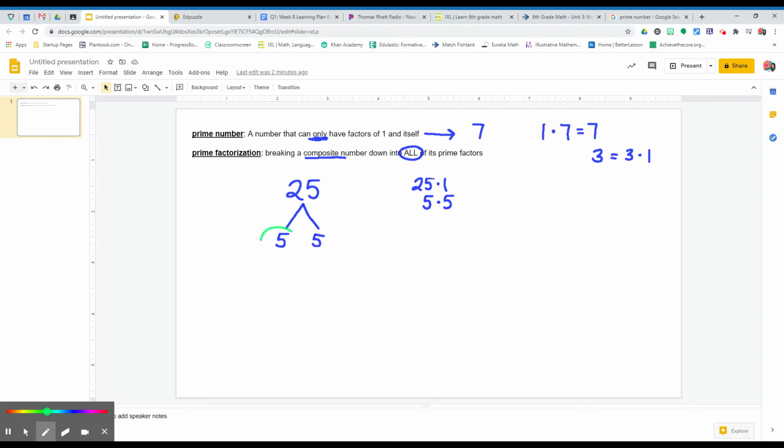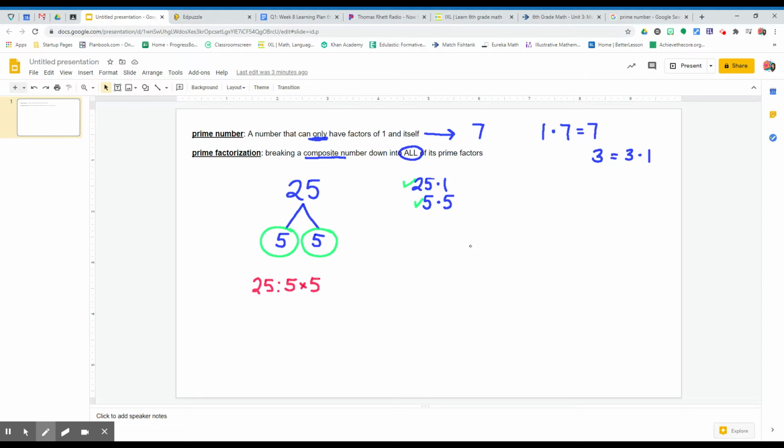So what we do is we circle when we come to a prime number. 25 is somewhat unique in that it can be multiplied by 25 and 1, but it can also be multiplied 5 times 5. But the prime factorization of 25 is 5 times 5.